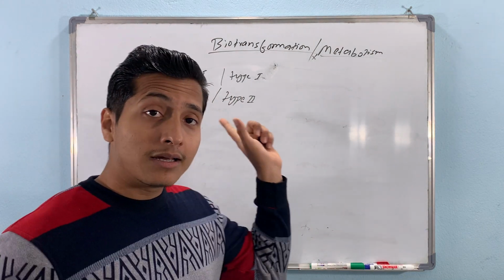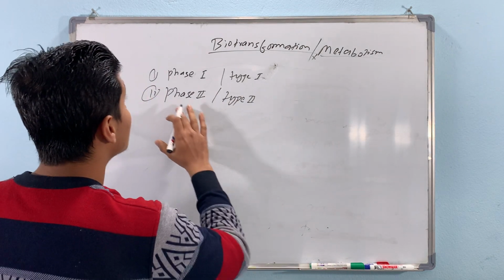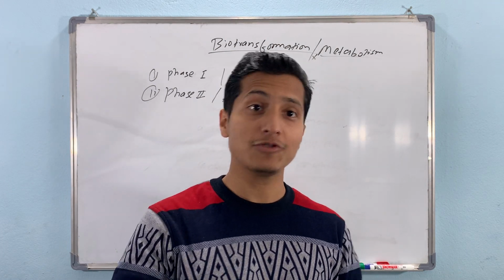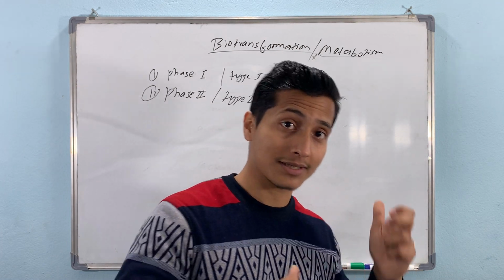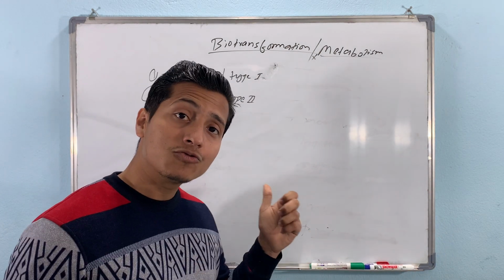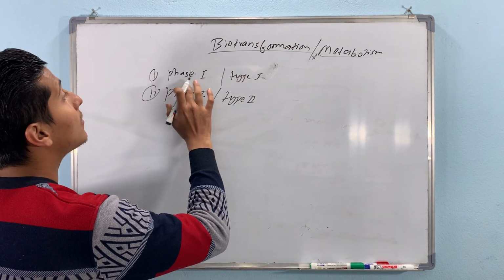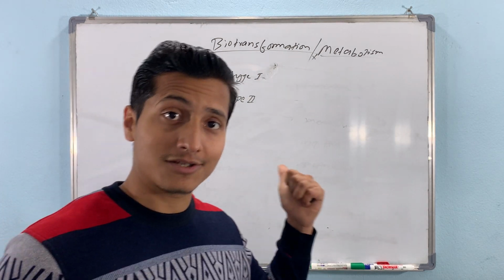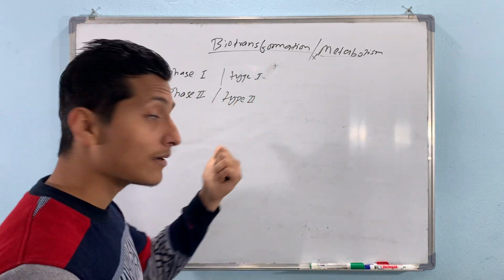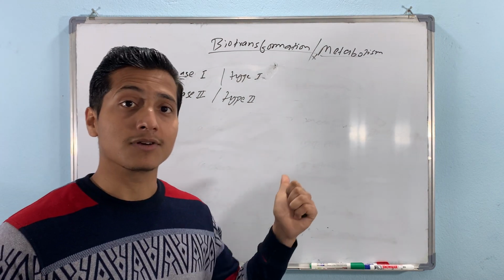The phase 1 reaction can occur the first time, or the second reaction can occur the first time, or both reactions can occur at the same time. So rather than calling phase 1 or phase 2 reaction, it's better to call type 1 and type 2 reaction. But by convention, we're using the word phase 1 and phase 2 for now.